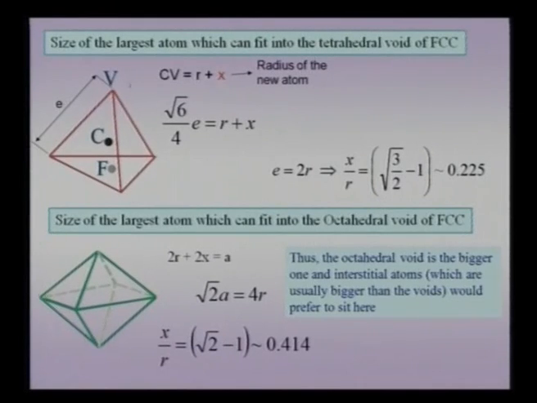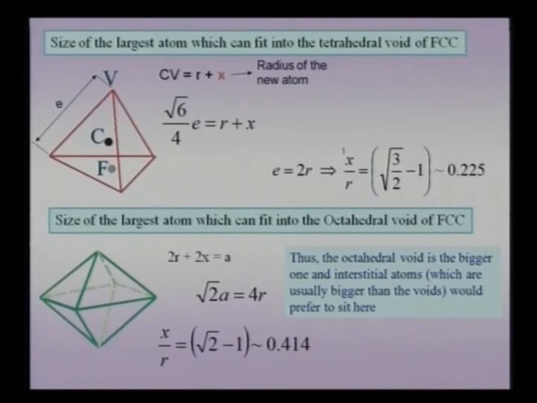Now this distance CV is equal to root 6 by 4 e from geometry, and therefore I get that is equal to r plus x. Now I know e is equal to 2r because atoms are touching along the tetrahedral voids, and this implies x by r is root 3 by 2 minus 1, which is equal to 0.225.